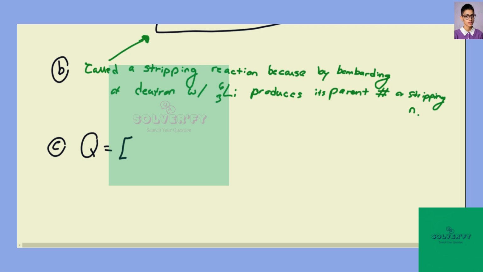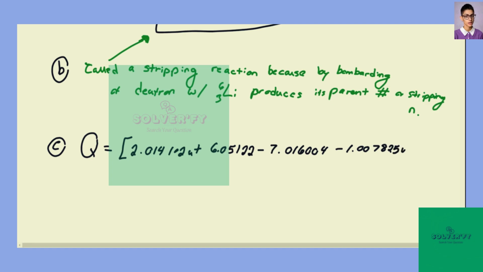So we're going to do the first side, the left-hand side is first, and we have the atomic mass is 2.01410 u plus 6.0512 minus, and we have the right-hand side now, that's why it's minus, 7.016004 minus 1.007825, and these are all in u.